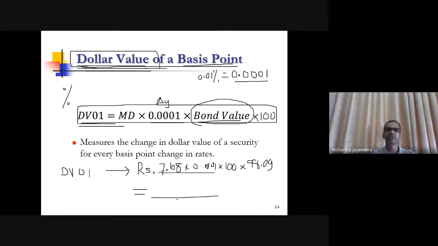This is the DV01. Remember, this is for a face value of 100.